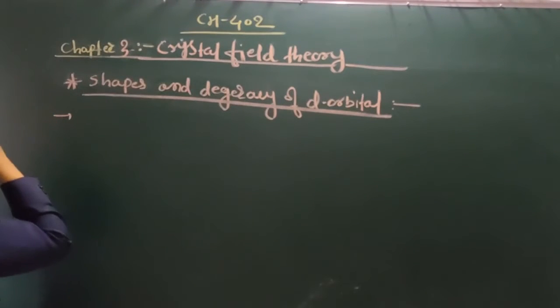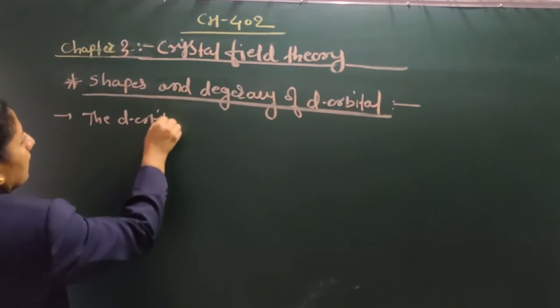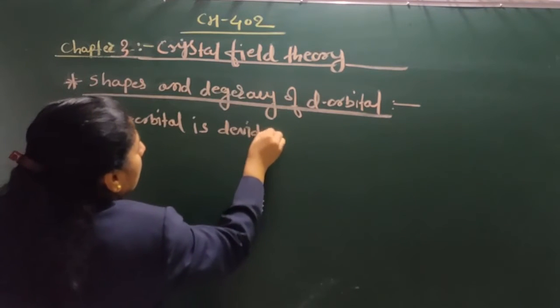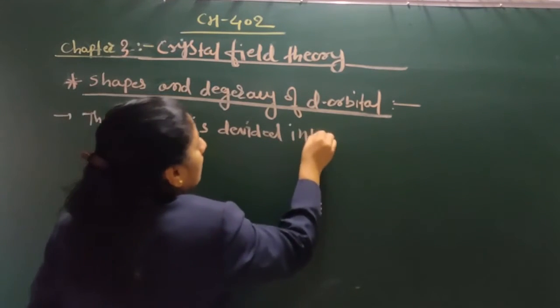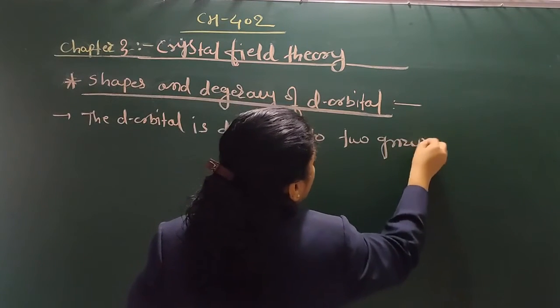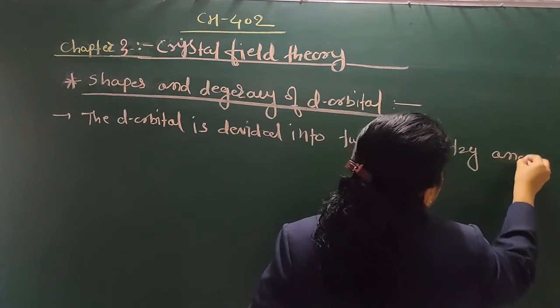So we can say that the d orbital is divided into two groups, that is t2g and eg.